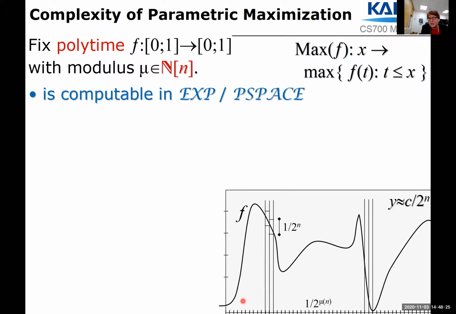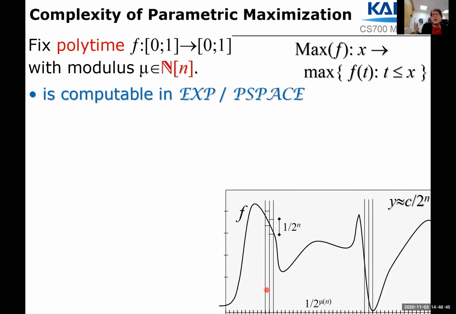And since these are 2 to the mu of n subintervals, and evaluating at each subinterval takes polynomial time, because this is a polynomial time computable function by hypothesis, that means the overall running time will be roughly 2 to the mu of n times some polynomial.